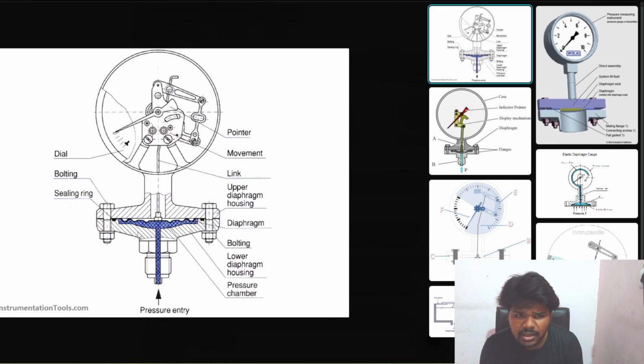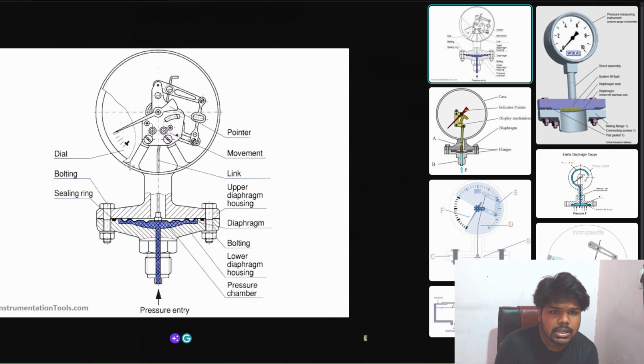A very simple mechanism, like the diaphragm type. Pressure will enter from here. This is the diaphragm. The diaphragm is made here, and the diaphragm will push that rod.